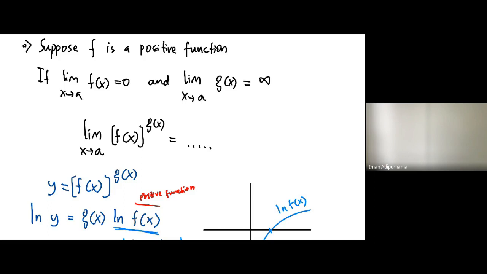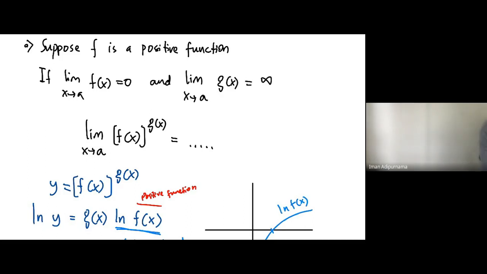The problem is that if we have f to the power of g, it seems that this will be 0 with power of infinity, which seems indeterminate. We need to know whether we are having 0 or some other result from here.